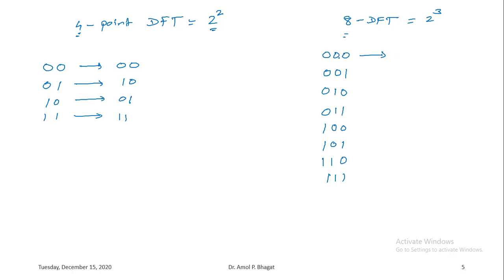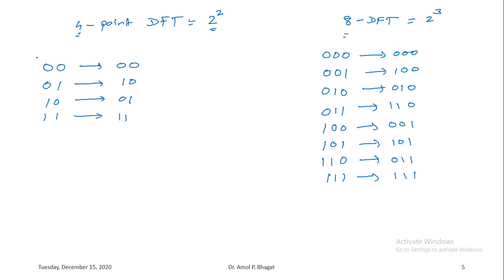If you are reversing it, it will simply be 000, 100, 010, 110, 001, then again 101, then 011, and 111, right?